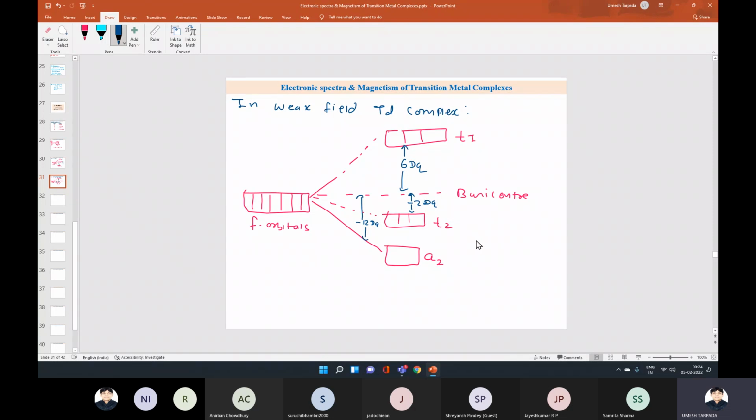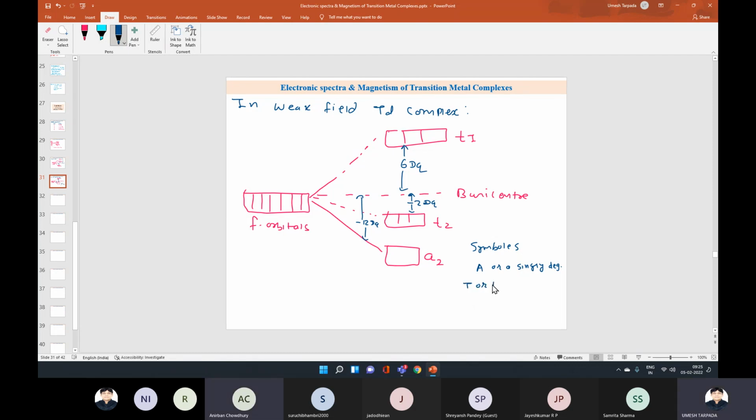Now see, A orbital is singly degenerate. Which symbol are we using? A term is used for singly degenerate, or you can use small a. What about the T term?